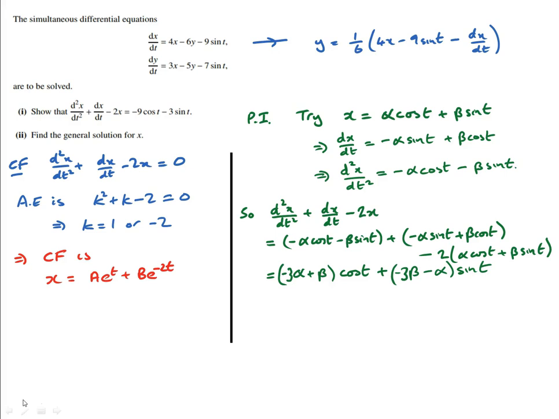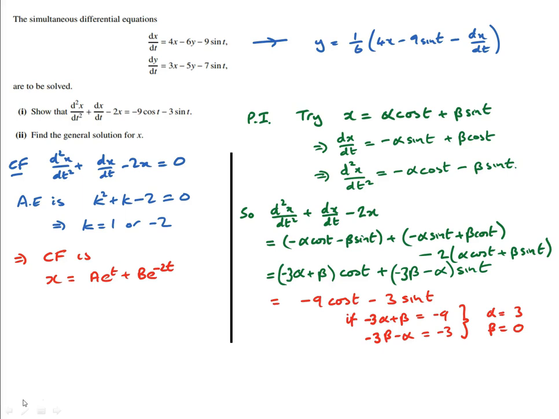So we've got minus 3 beta minus alpha lots of sin t. Now we want this to equal minus 9 cos t minus 3 sin t. So we need minus 3 alpha plus beta equals minus 9, and minus 3 beta minus alpha to equal minus 3. The solution of that pair of simultaneous equations is alpha equals 3 and beta equals 0.